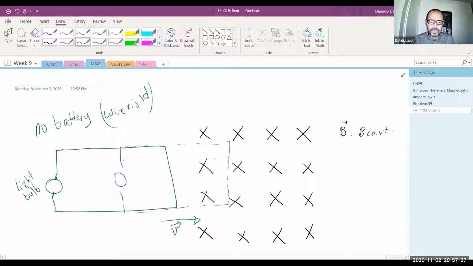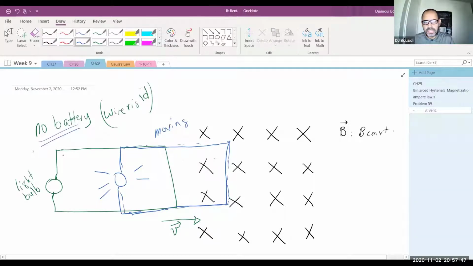So it's still moving, it's not stopped. It's not like I pull it in and then stop. What happened in this case, we will notice that the light bulb will light, although we don't have a battery, as long as it's partially immersed and it's still moving.